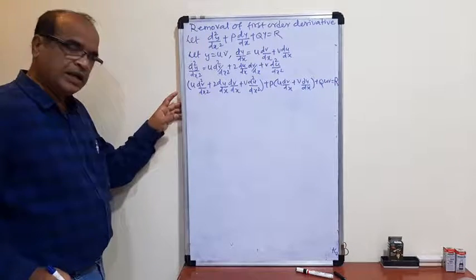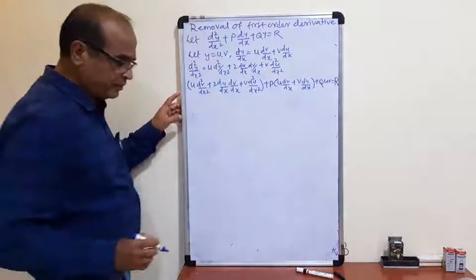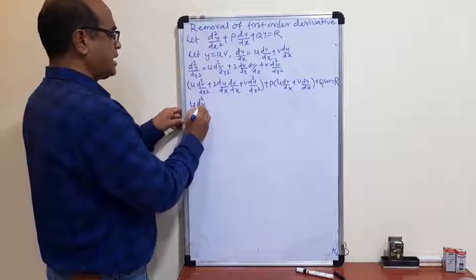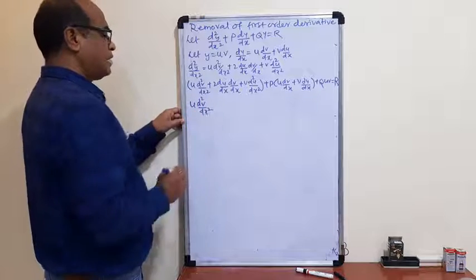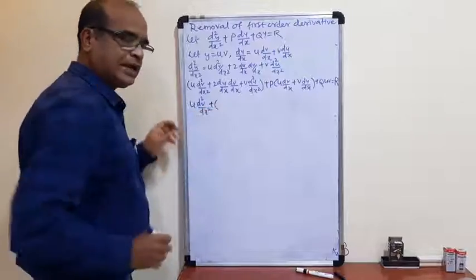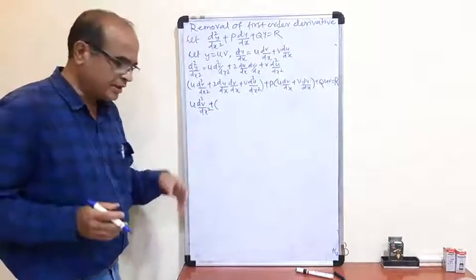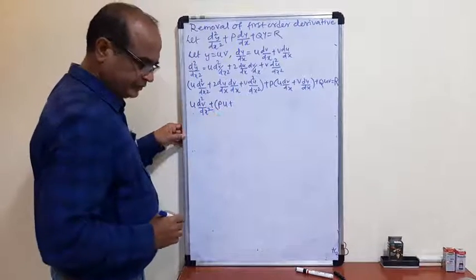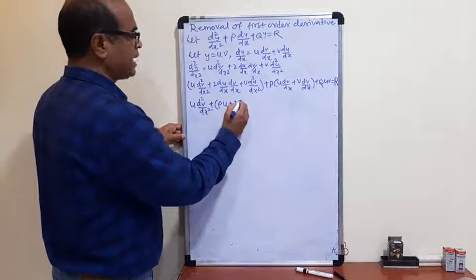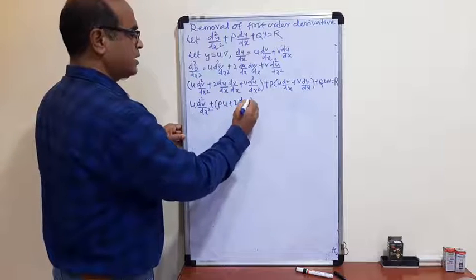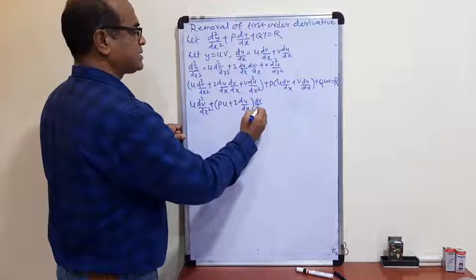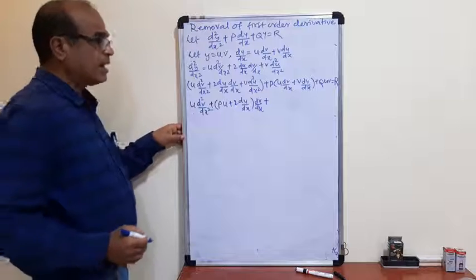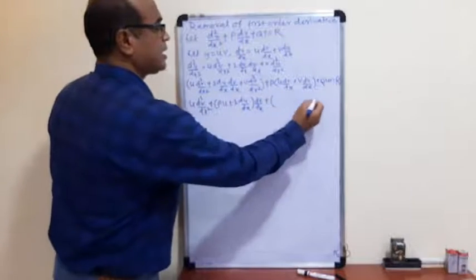So this is the equation here. We write this equation in terms of v: u d2v by dx square, okay, plus we collect in the bracket the coefficient of dv by dx, so that is pu plus 2 du by dx, into dv by dx, and plus, what is the coefficient of v?